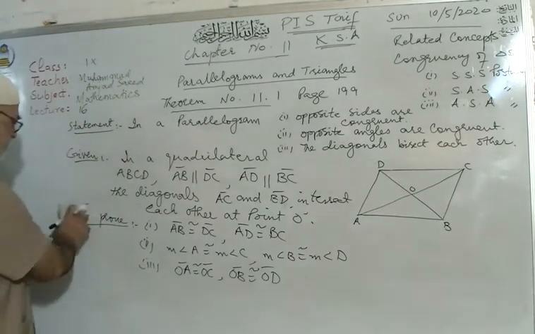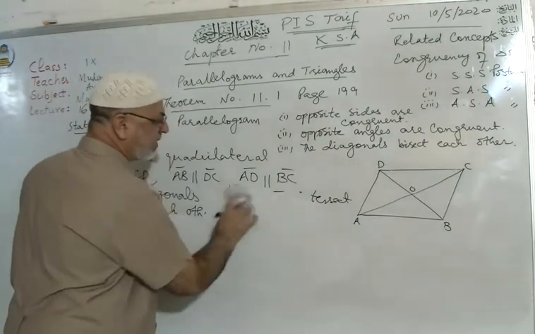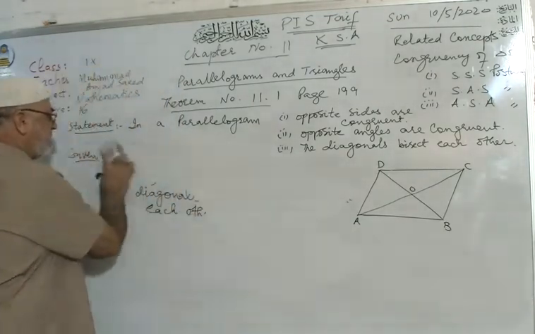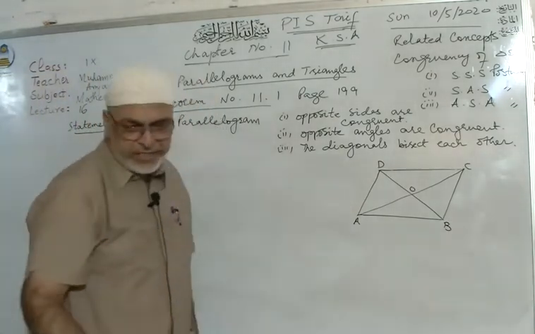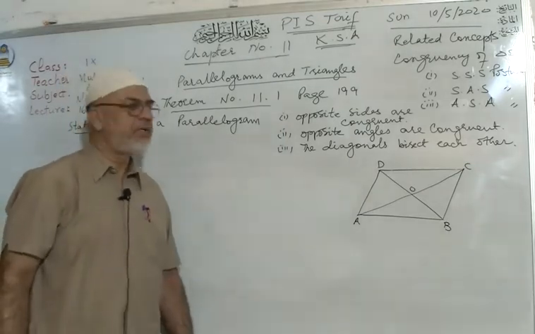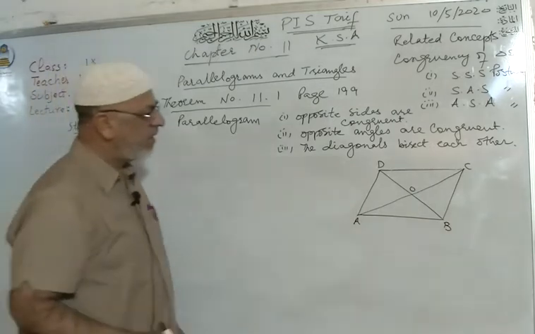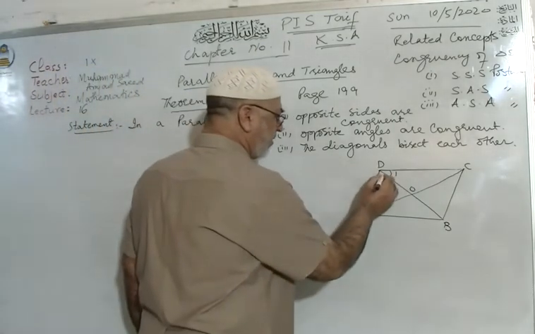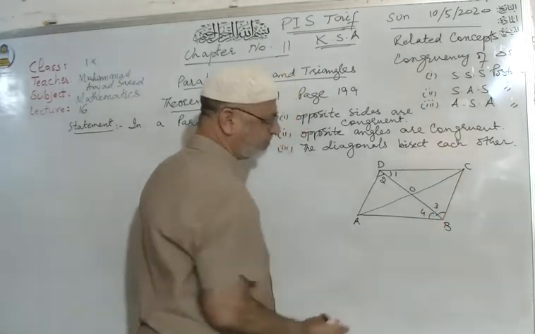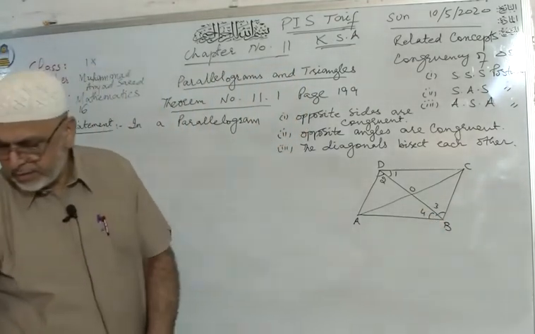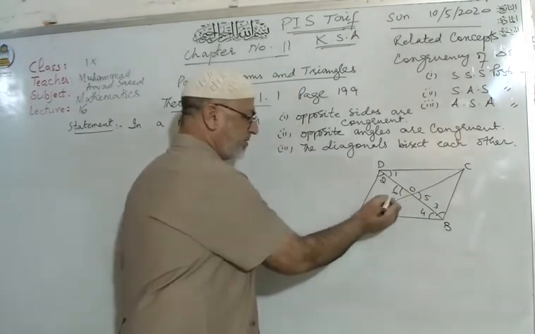After that, construction. Remember that I told you before that in case of construction, this is the addition in figures according to the requirement. Label angle 1, 2, angle 3 and 4, and then angle 5 and 6.